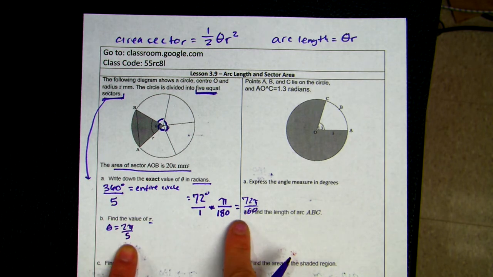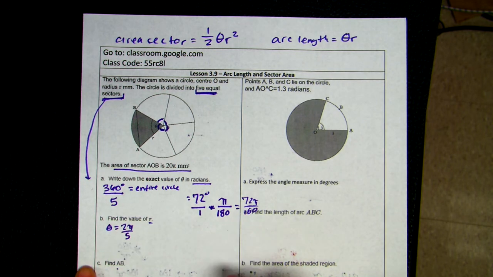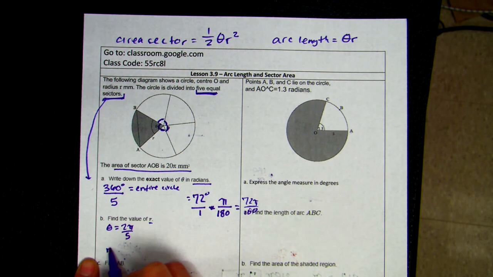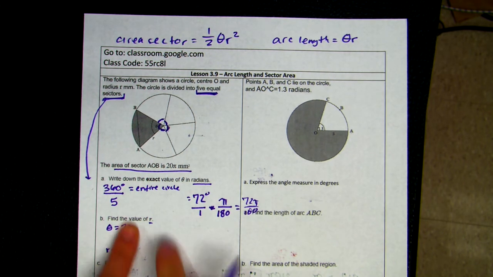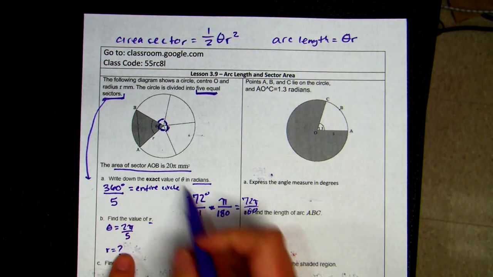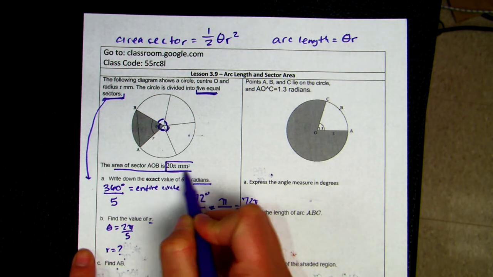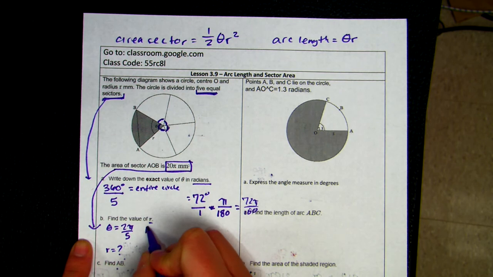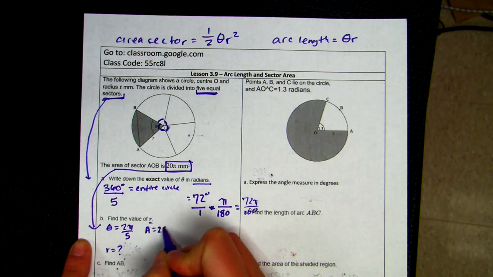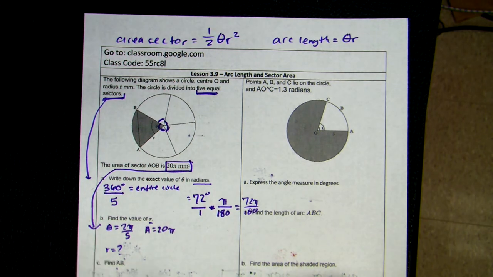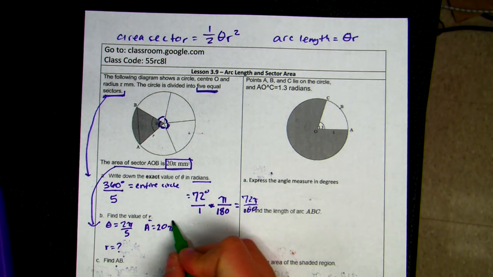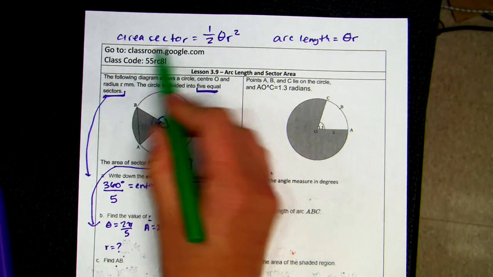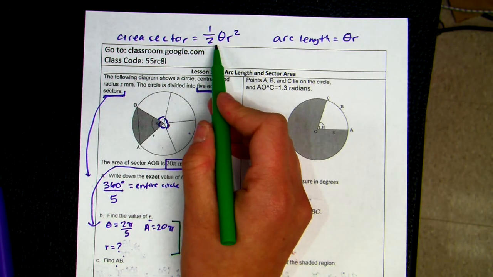That's what I did when I converted it into radians. I don't know what r is equal to, okay? But I do know that the area of the sector is 20 pi millimeters squared. I do know that the area is 20 pi, okay? That is enough information for me to plug into my area of a sector formula up here.